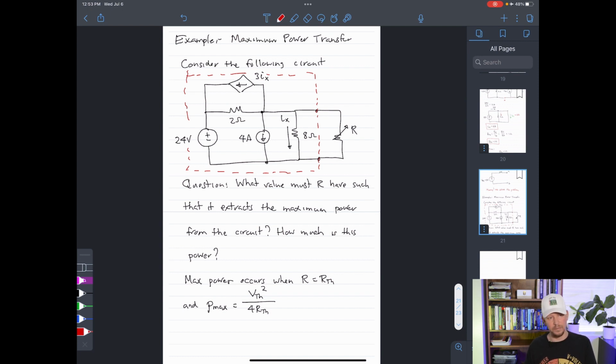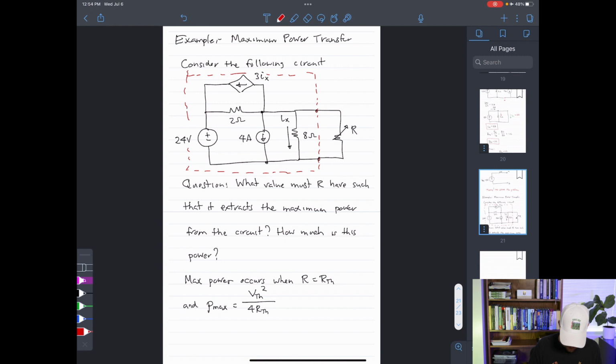Now, we're in luck. We found the Thevenin equivalent of the circuit inside of the red box in a previous video, right? We used various techniques of circuit analysis to find the open circuit voltage, to find the short circuit current, and then we found the Thevenin resistance based on those.